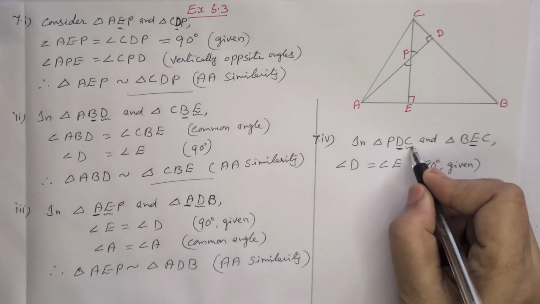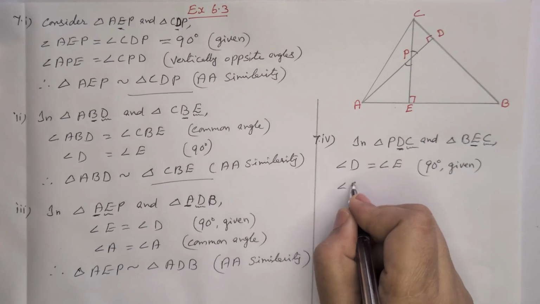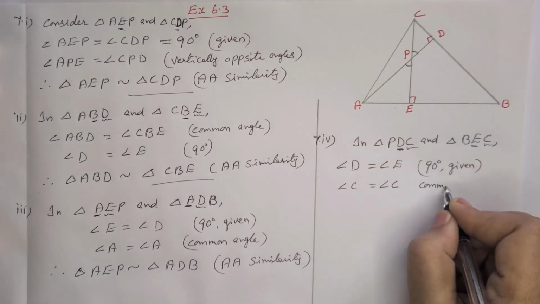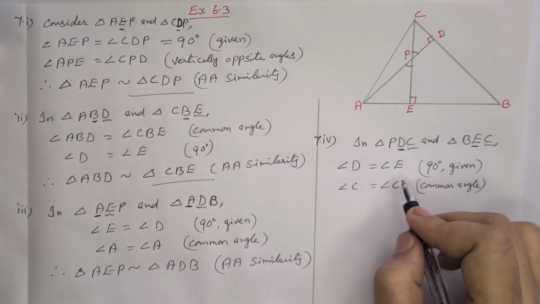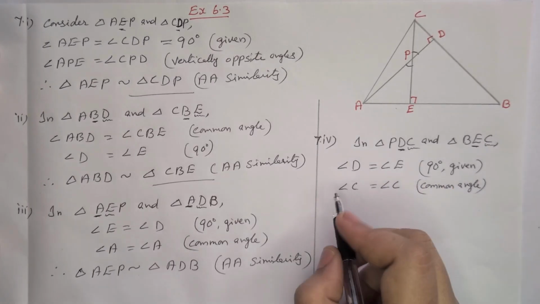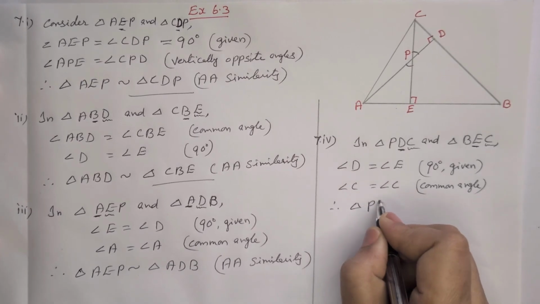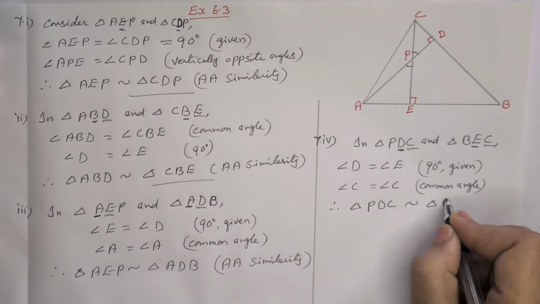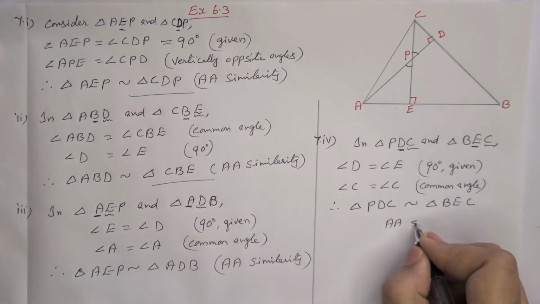Then here angle C is common in both the triangles. Angle C is equal to angle C, common angle. Now we got two angles equal in both the triangles. So we can write, therefore, triangle PDC is similar to triangle BEC by AA similarity.